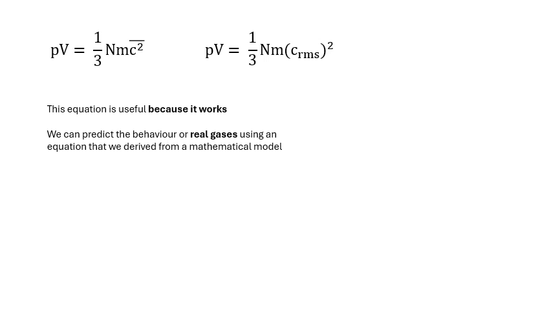We can predict the behavior of real gases as long as they approximate to an ideal gas. Yes, we can predict the behavior of real gases in everyday life using an equation that we got from a mathematical model. What does that tell us about the mathematical model? It tells us it must be pretty good. It tells us that real gases in real life, maybe they are made up of a very, very large number of particles bouncing around.